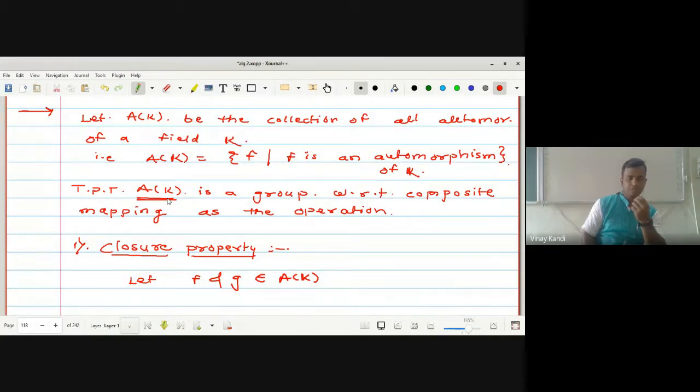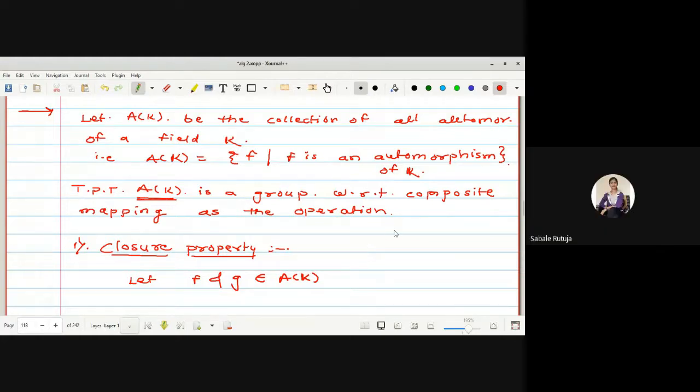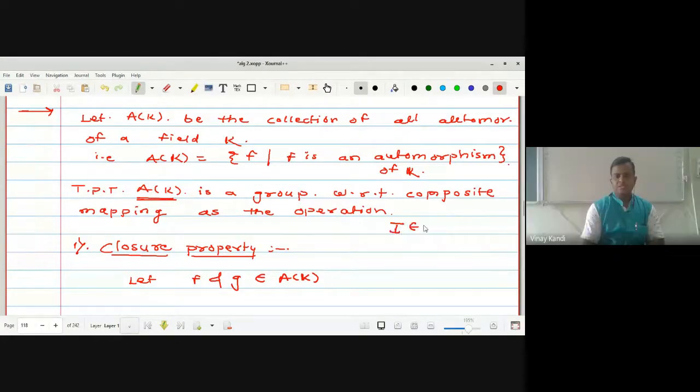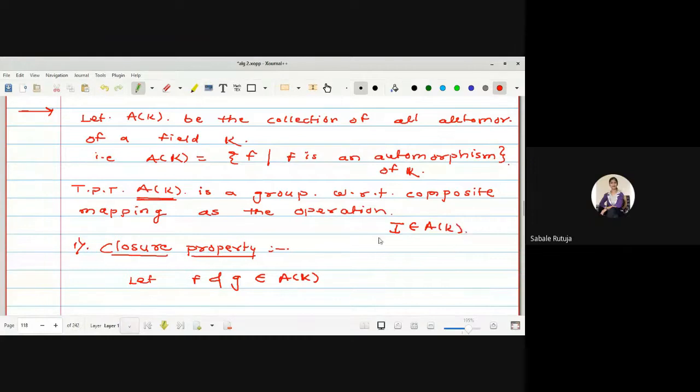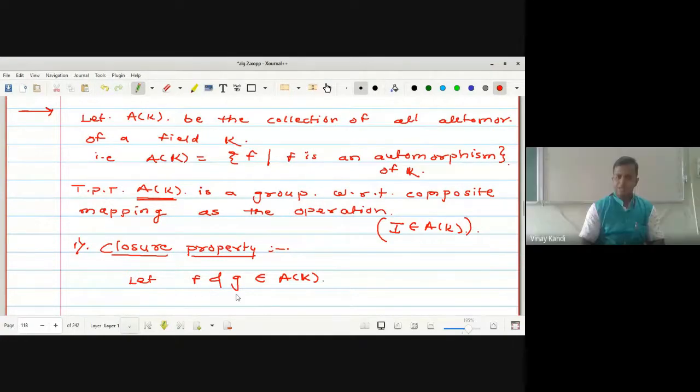Yes, it is non-empty. Why? Because at least one mapping is there: the identity mapping. Identity mapping must be an automorphism, one-one, onto, an isomorphism. So here we can take elements from this set.